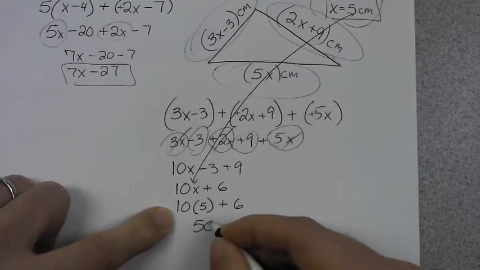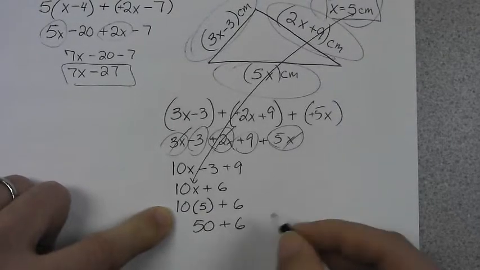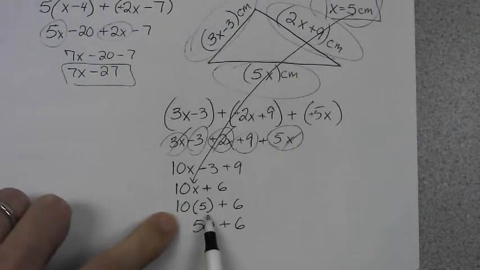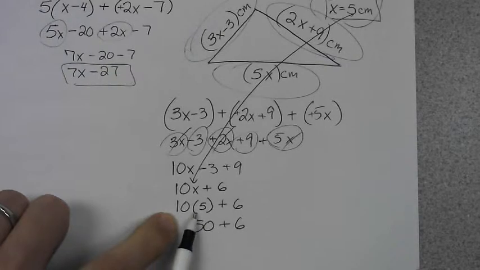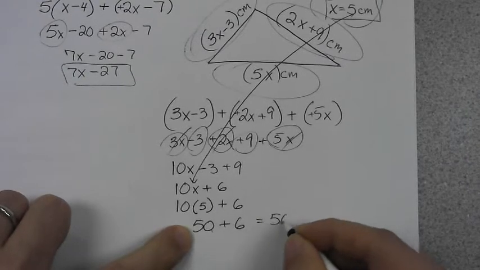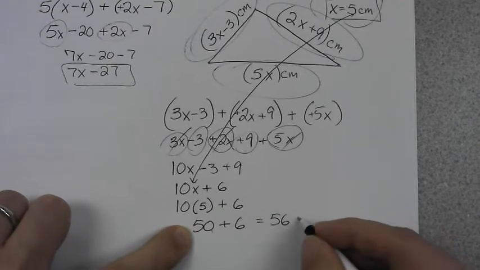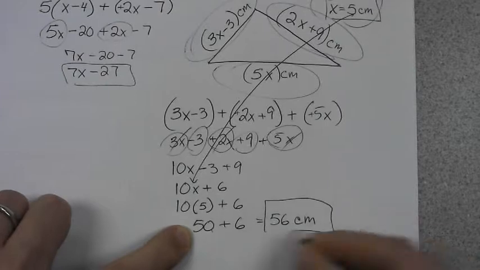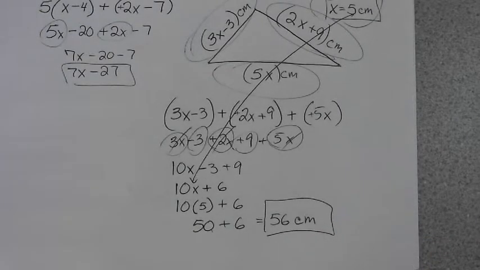So now I have 50 plus 6. And if any of you are wondering, why did I do that multiplication first? Remember, PEMDAS, order of operations, multiplication division before addition and subtraction. So now I've got 50 plus 6, that equals 56, and our units were centimeters, so the perimeter is 56 centimeters. And boys and girls, that's adding linear expressions. Have fun.